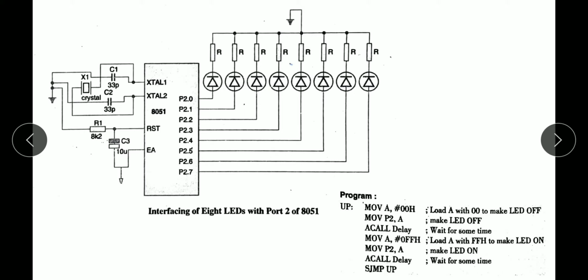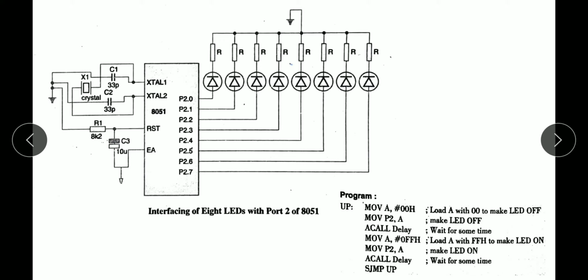After that, MOV A, #0FFH means the A is loaded with the value FFH to make the LEDs on. FFH is the value at which the LEDs get on, and 00 is the value where LEDs get off.